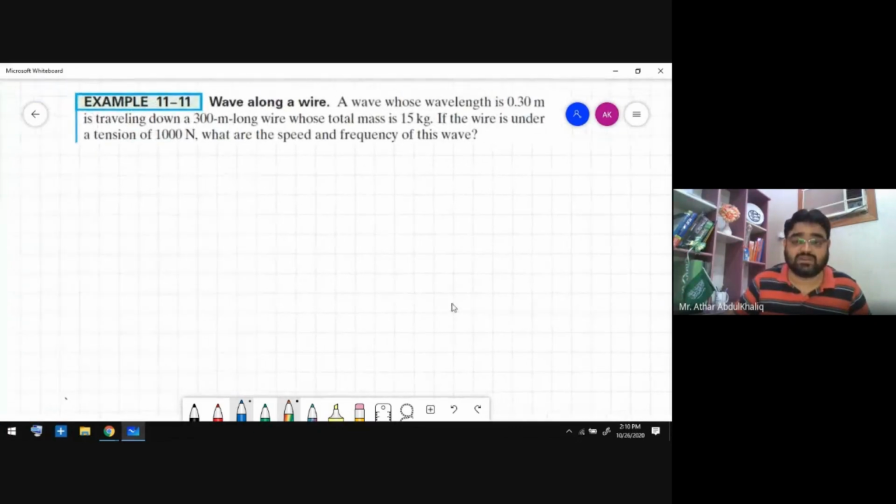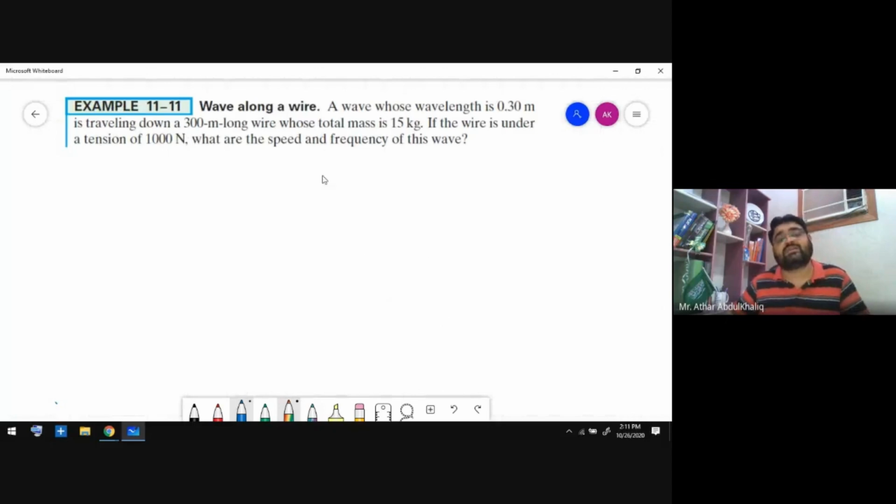Now go directly to the question, example 11.11, wave along a wire. A wave whose wavelength is 0.3 meter is traveling down a 300-meter long wire, whose total mass is 15 kilogram.